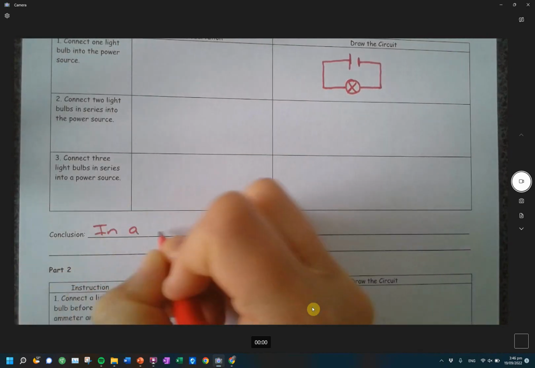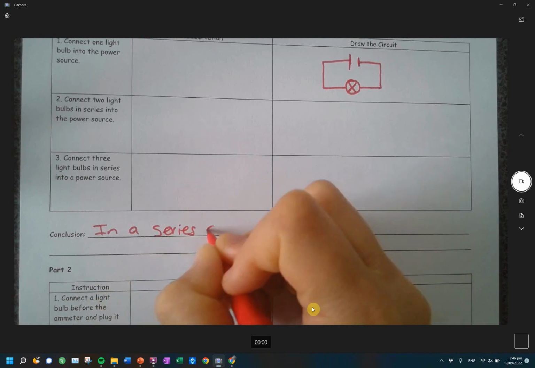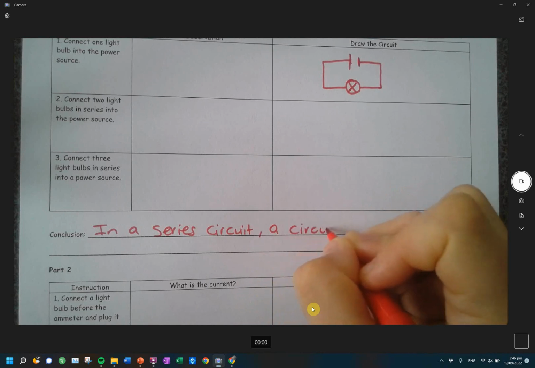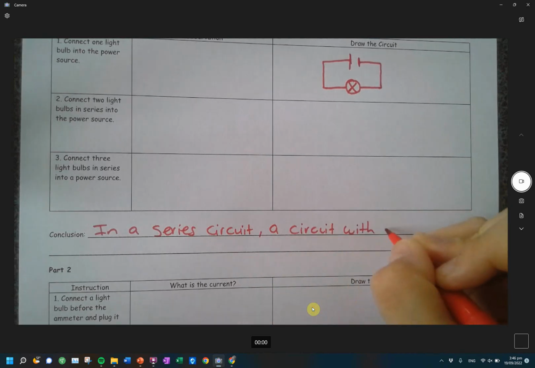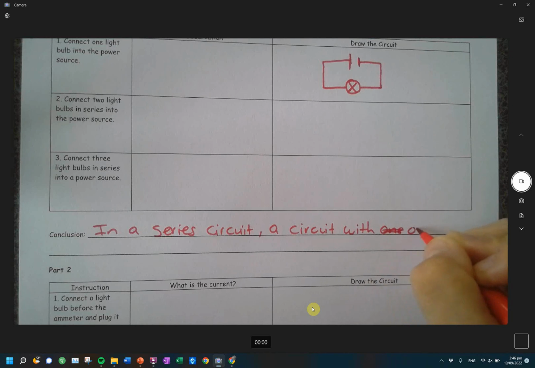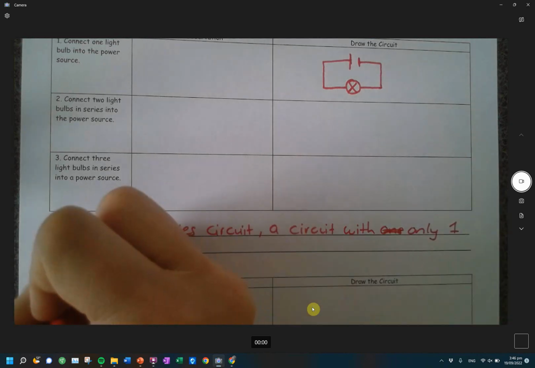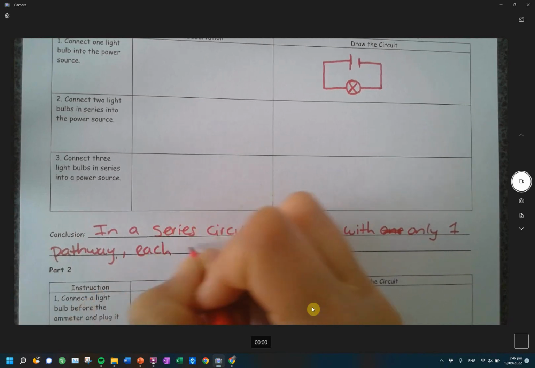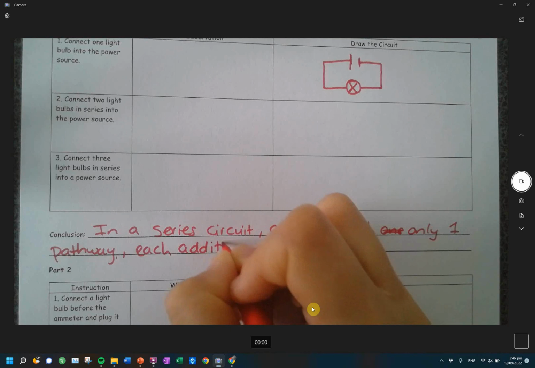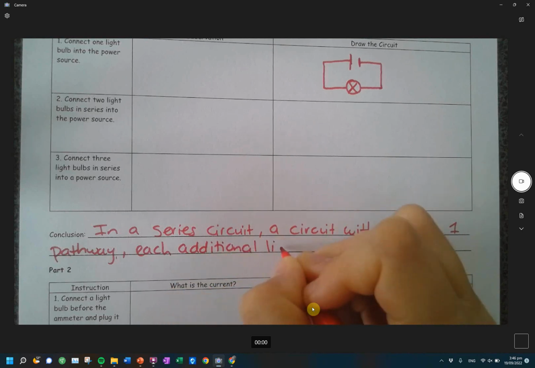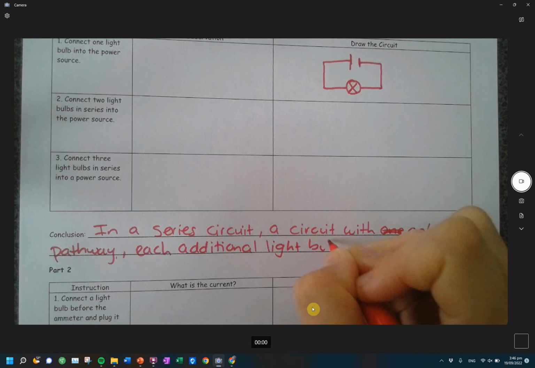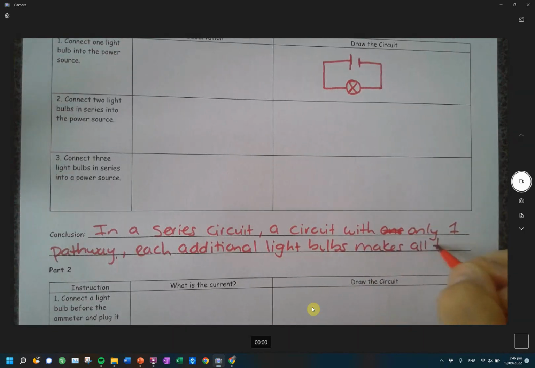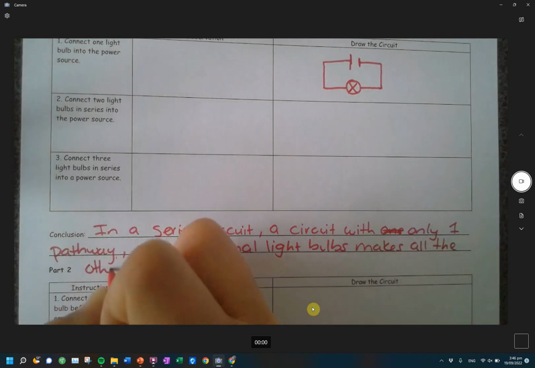So in a series circuit, with only one pathway, each additional light bulb makes all the others dimmer.